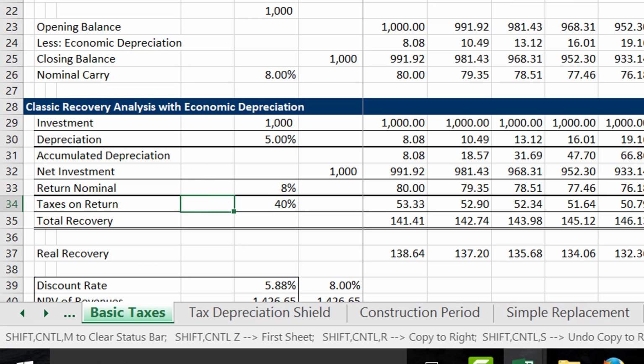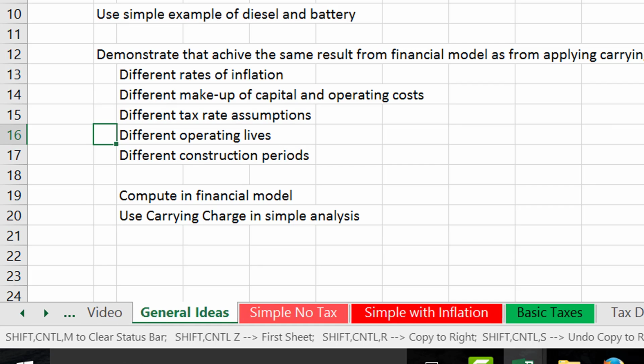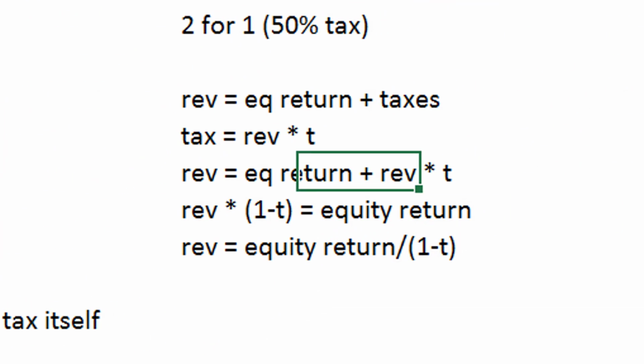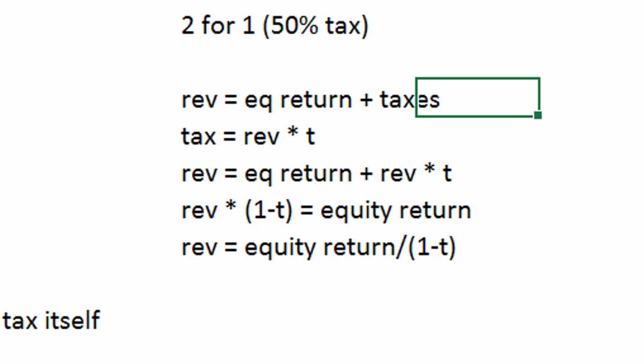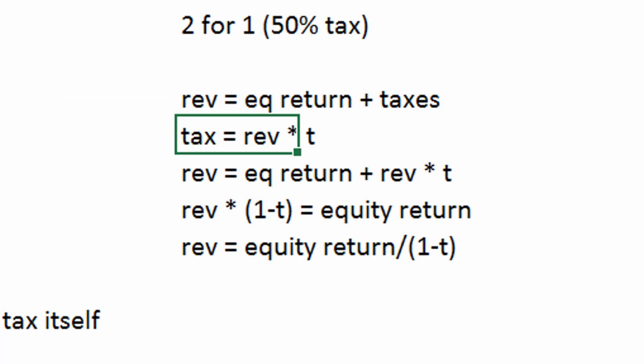Now the taxes on the return, that's one of the key things in the video. If you want to get your revenues from equity return, you have to pay taxes on the equity return. And then you can say, well, here are the taxes over here. So our taxes are our revenues, not our equity return, our revenues that we have to collect times the tax rate.